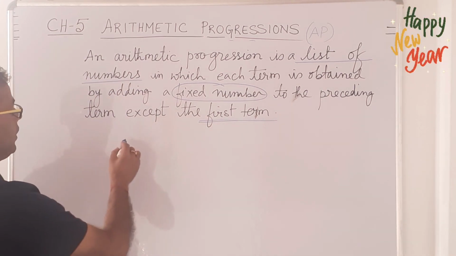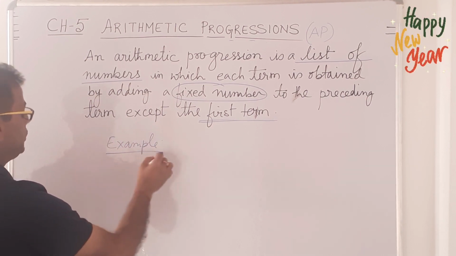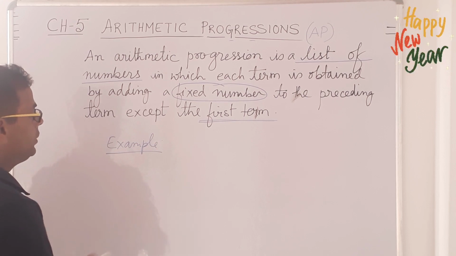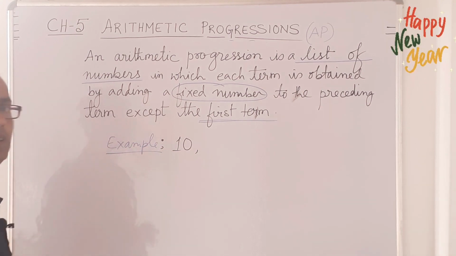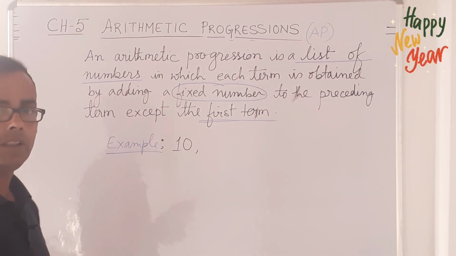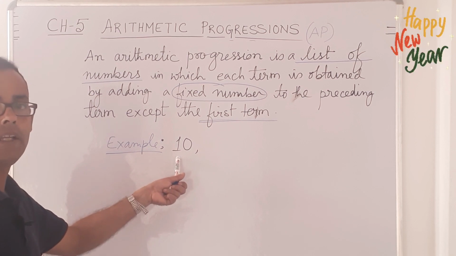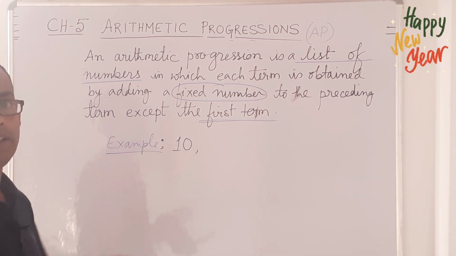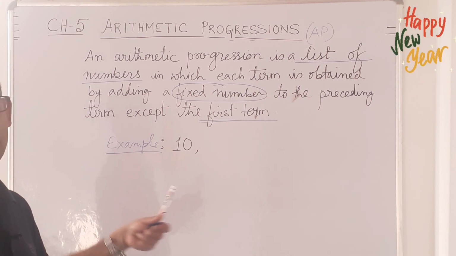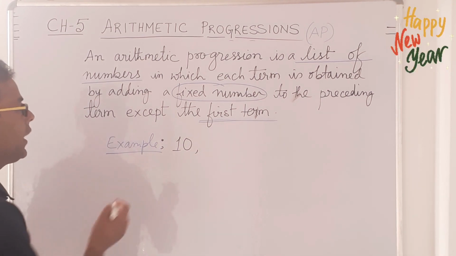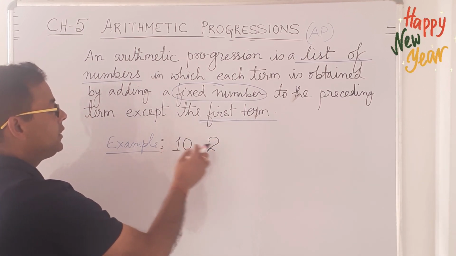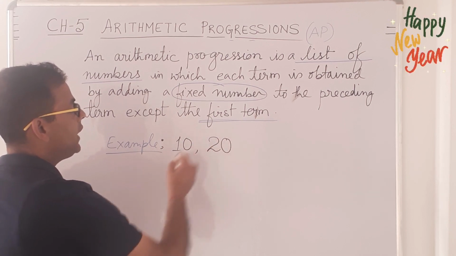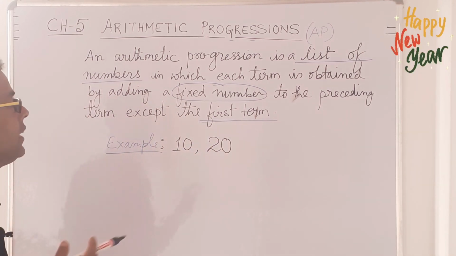If I give one example, suppose the first term is 10. This is known as the first term, and with this first term you add, suppose, 10. This is the preceding term as well as the first term, so adding 10 it becomes 20, and you get the successive term.